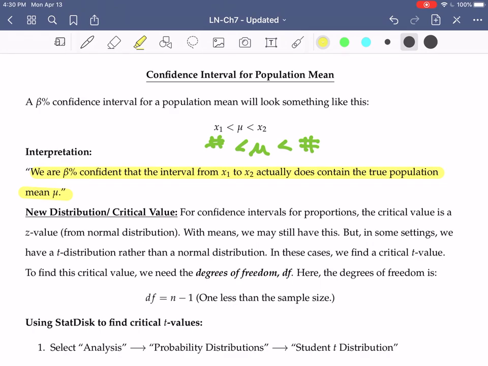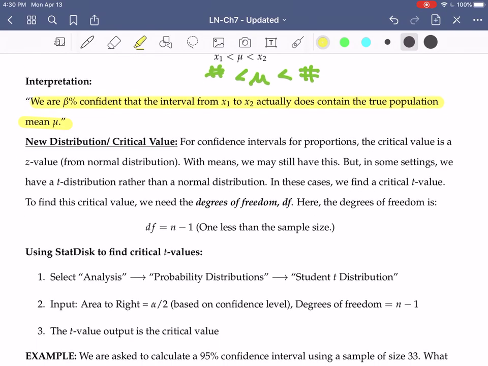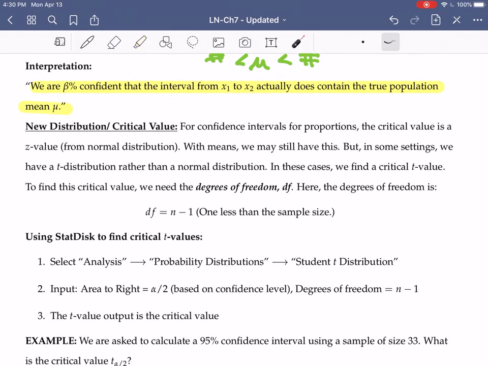Now, I mentioned at the front of this video that we have a couple different ways of calculating the margin of error. One of the ways relies on a new distribution. For confidence intervals dealing with proportions, the critical value was a z-value. That z-value came from a normal distribution.